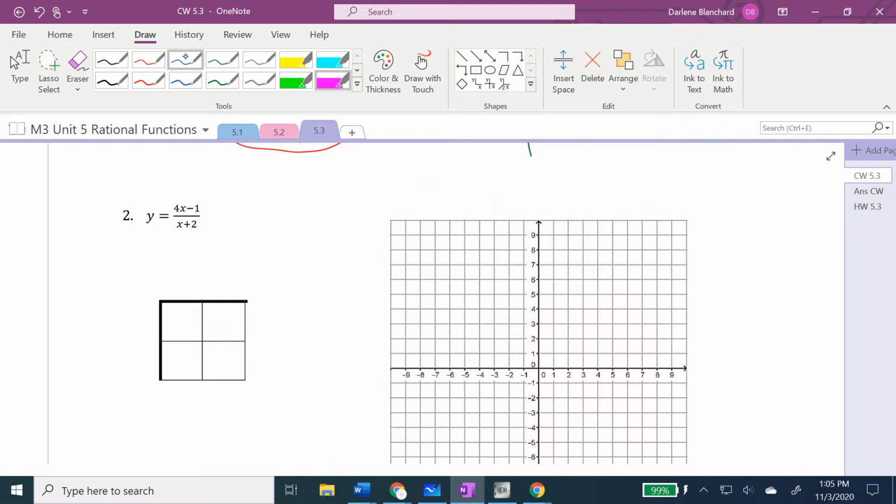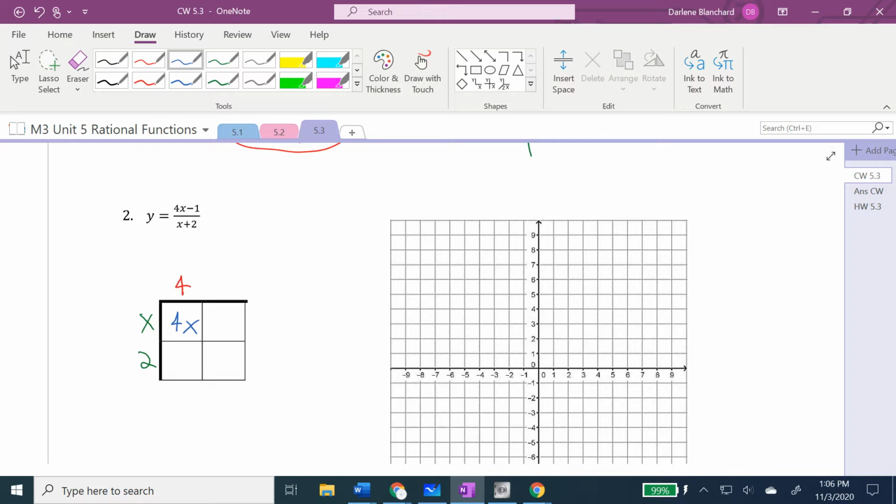So let's try this division. We're dividing by x plus 2. And the thing being divided is 4x minus 1. The 4x is going to go in that upper left box. I have to figure out what do I multiply x by to get the 4x. And you say, mm-hmm, 4.